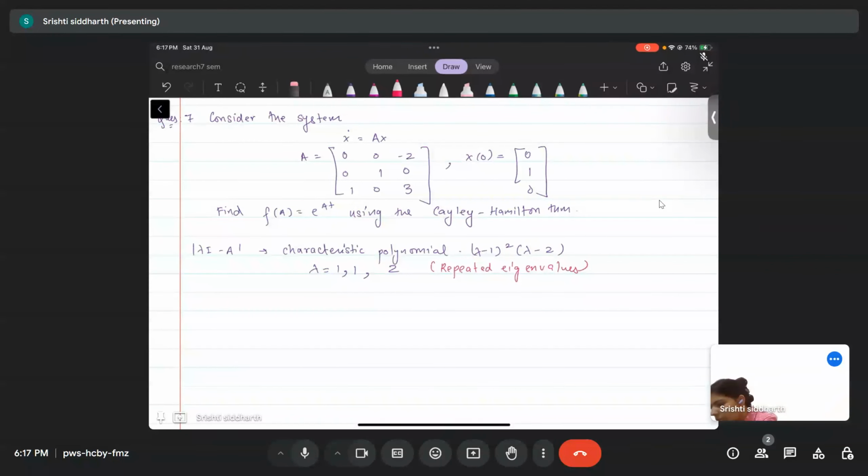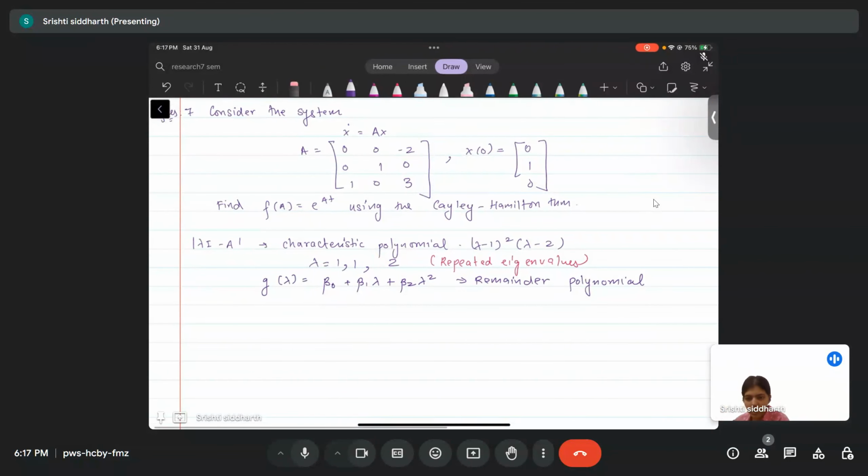Okay, so A is of third order. So the remainder polynomial is going to look like beta 0 plus beta 1 lambda plus beta 2 lambda square. So this is the remainder polynomial. What do we want to calculate?